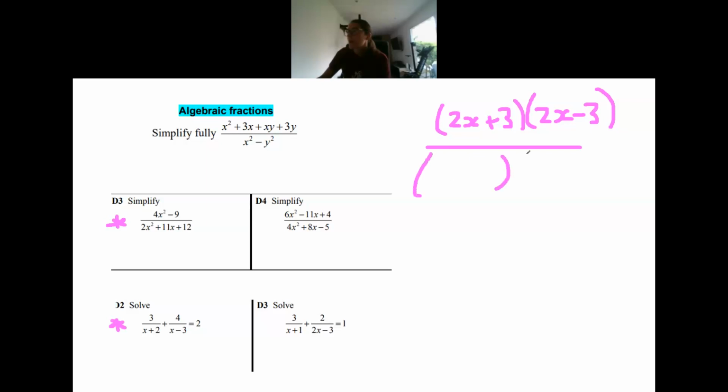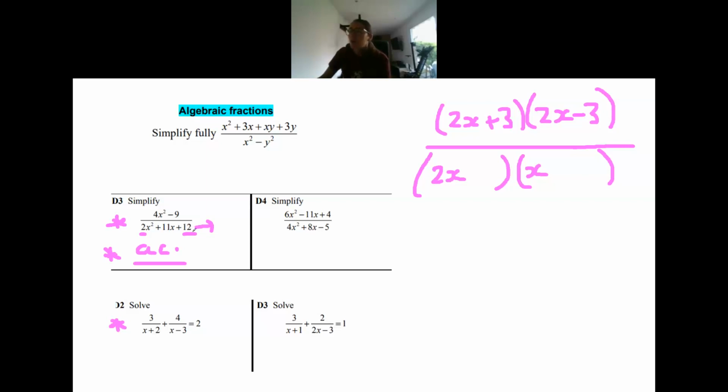If you haven't learnt the AC method for factorising, where you do 2 times 12, 24, 2 factors of 24 to add to get 11, etc., I suggest you type into YouTube AC method. So I know I'm going to get 2x and x, or you can just do it by trial and error, but I wouldn't if you're not very good at factorising. But you can, because it would just take a bit of time, but you can expand and check.